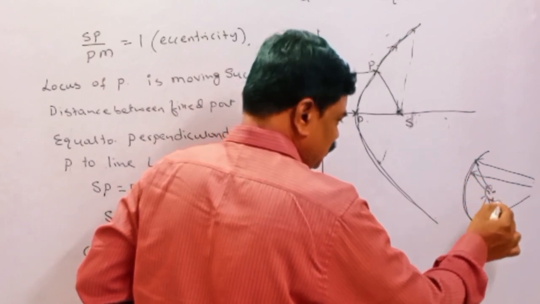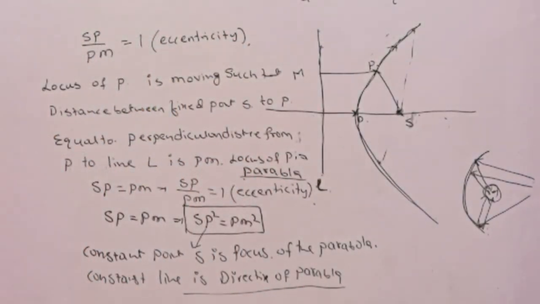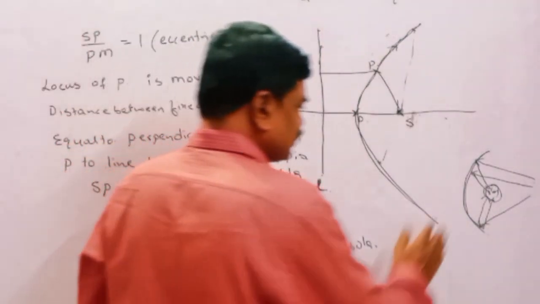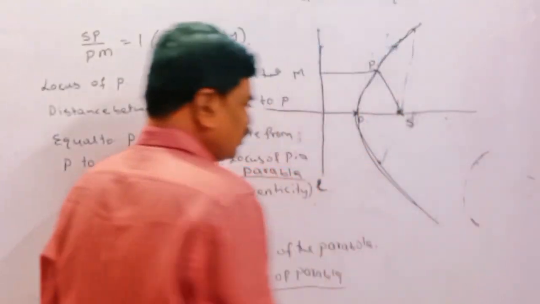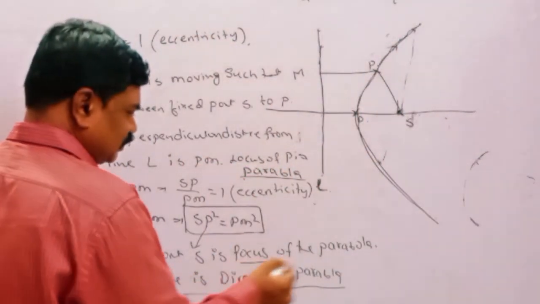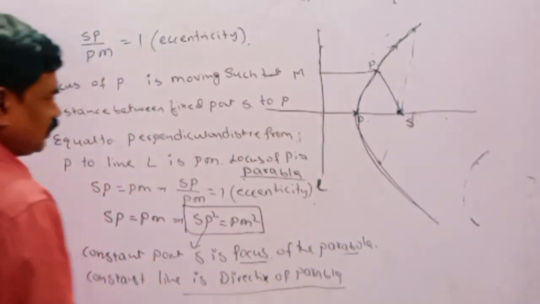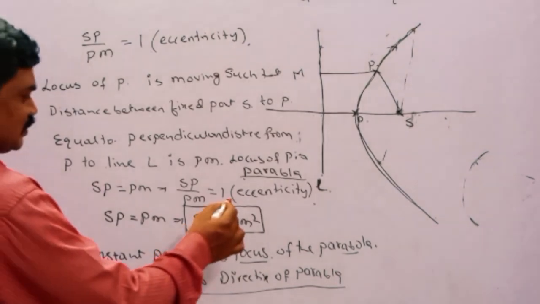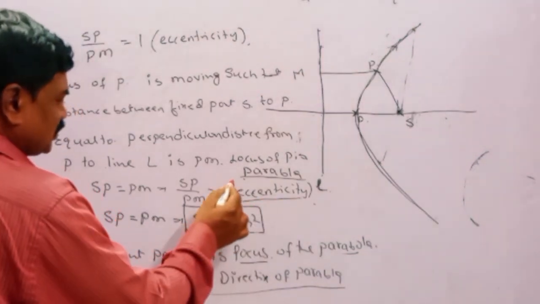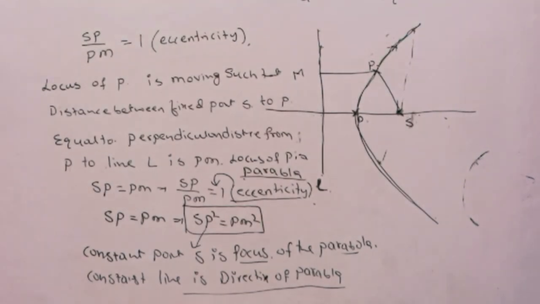So this point is called the focus of the curve. So this is the focus of the parabola, this is the directrix of the parabola, and eccentricity is 1 for a parabola. Okay, all of you. That's all.